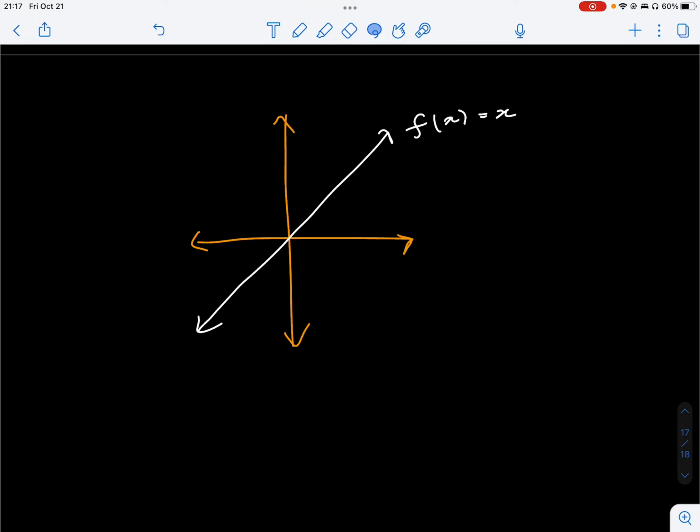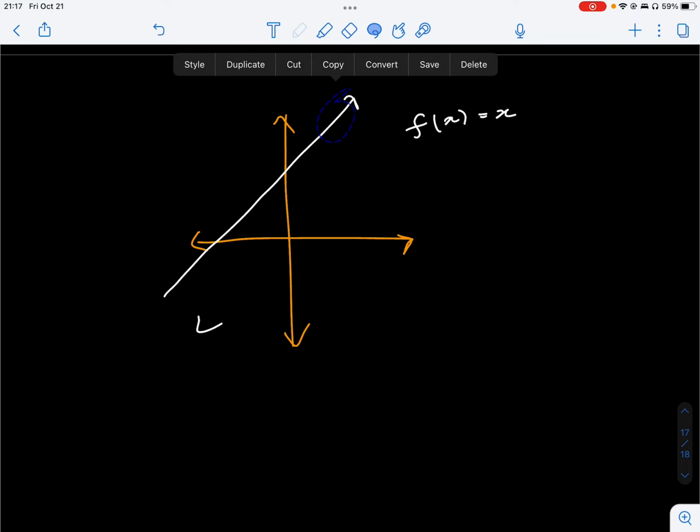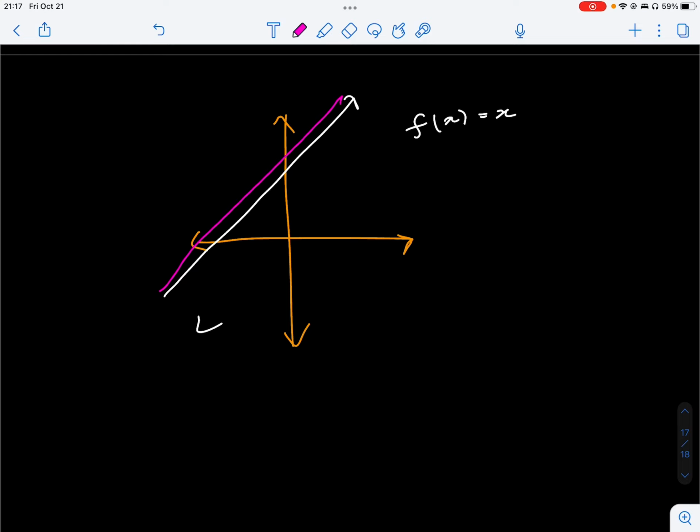Another cool note is that if I move it up, or if I move it left a certain amount, in both of those cases, my line's going to look the same. So for instance, if I were to draw a new line right here, this pink line, I could take my white line, so it initially starts here, I move it up, eventually it's going to match up.